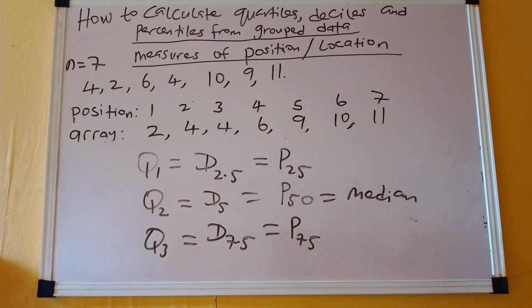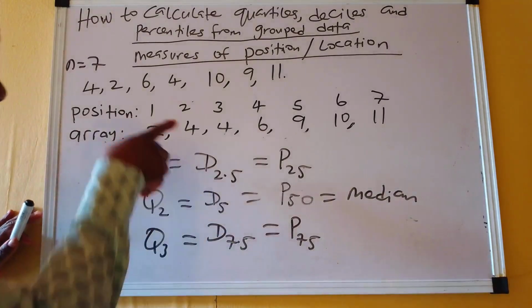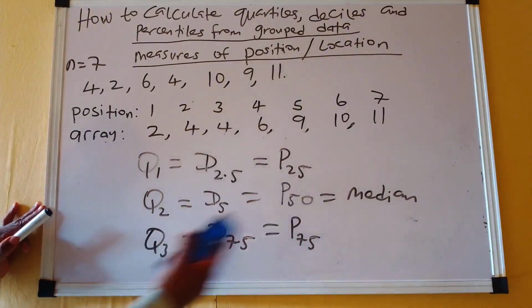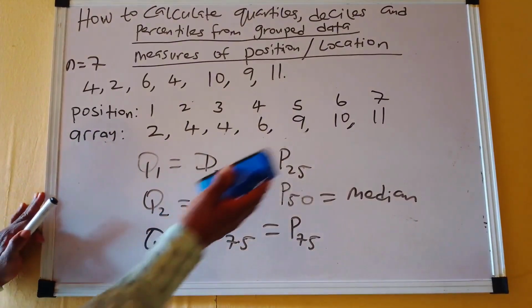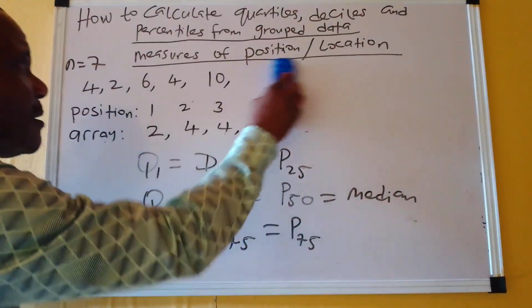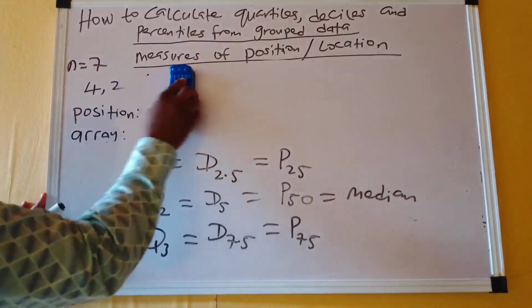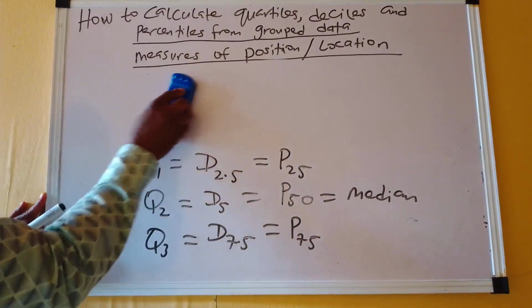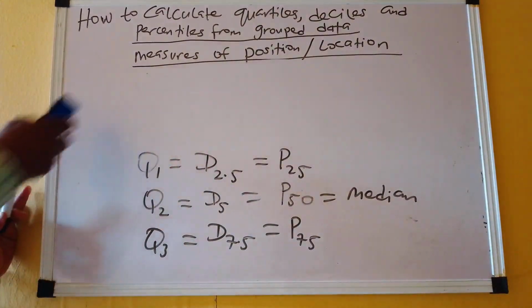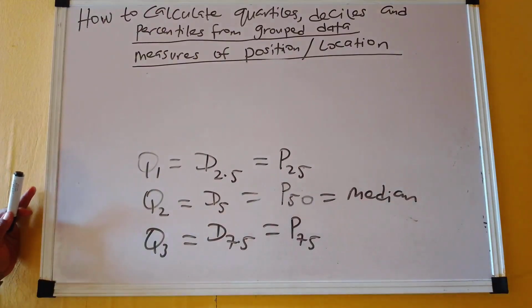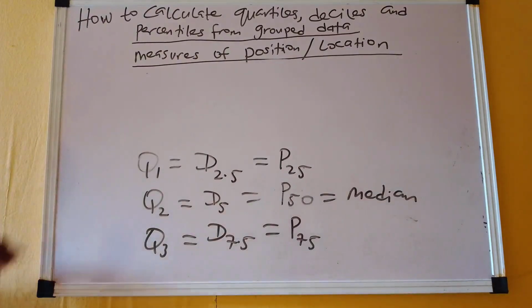Now, I want to drop you with a set of data that you are going to play with. You will prove all these things for this particular set of data, though we have calculated some of them, but I want to give you a new set of data that you will use to practice this. The first set of data that we just finished with has 7 observations, but this one I'm giving has 8.